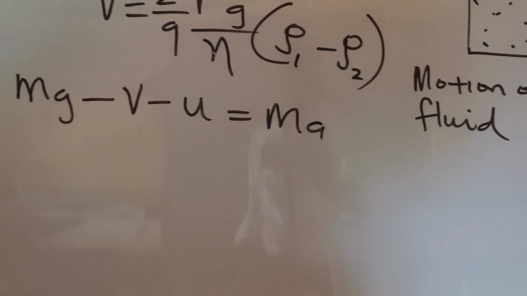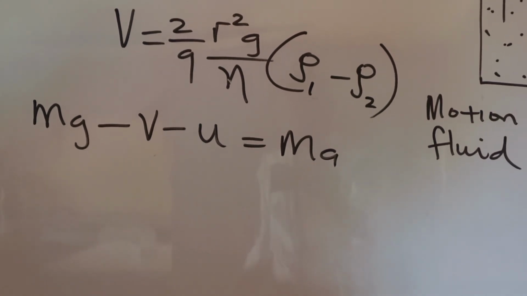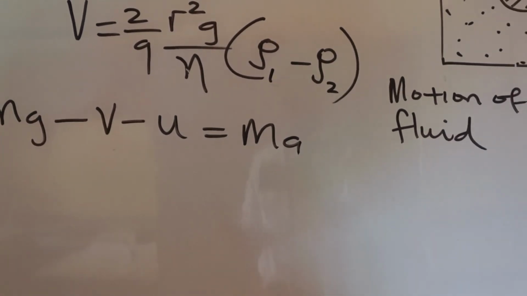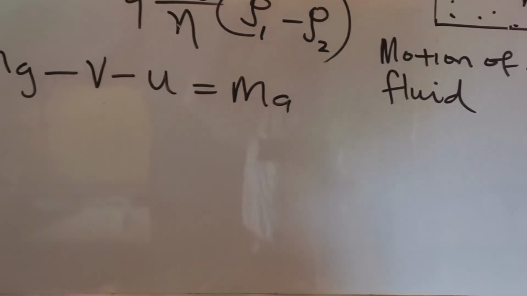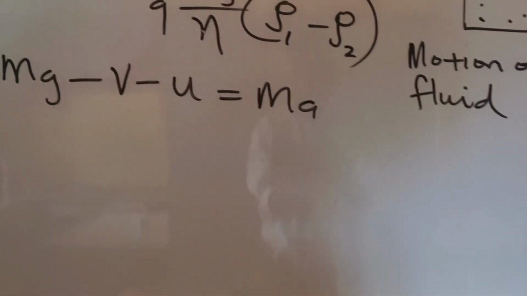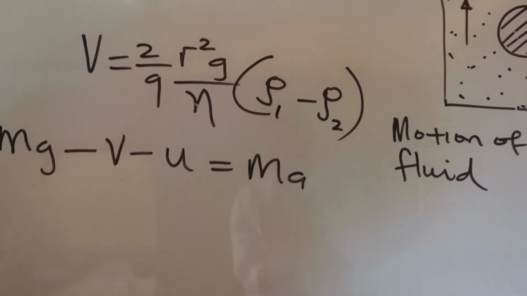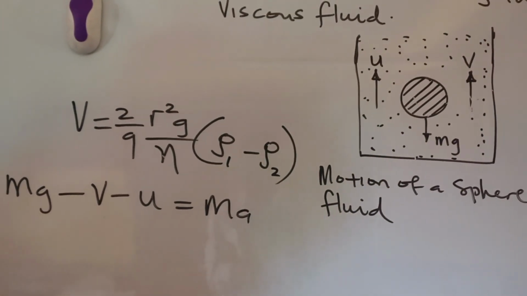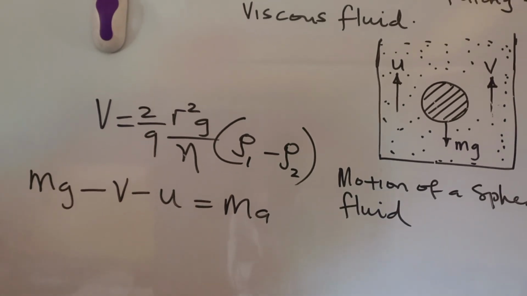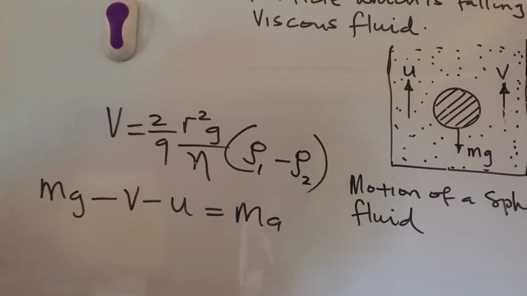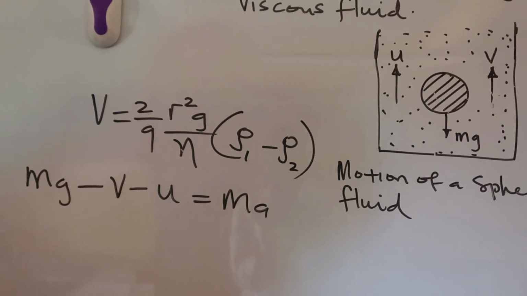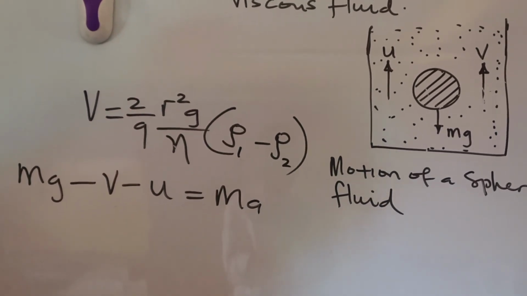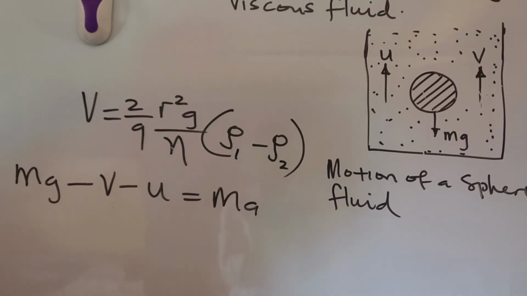Now, as the sphere continues to accelerate through the fluid, the speed v increases, and so does the viscous force V. At a stage in its motion, the viscous force V becomes proportional to the velocity of the sphere. That's small v, the big capital V is proportional to small v. Therefore, V is equal to kv. That is, the viscous drag equals the downward force of the weight of the sphere.